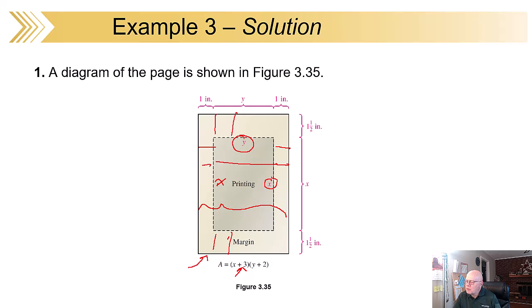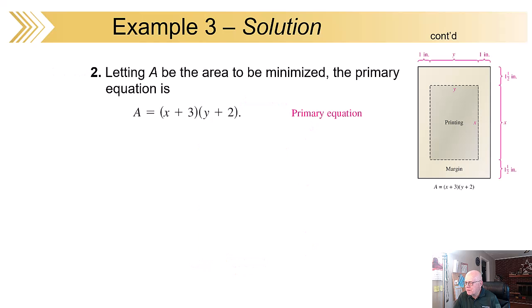And those are the two dimensions of the piece of paper, and the area that you want to keep as small as possible to save paper. So since this is what you want to minimize, that's your primary equation.